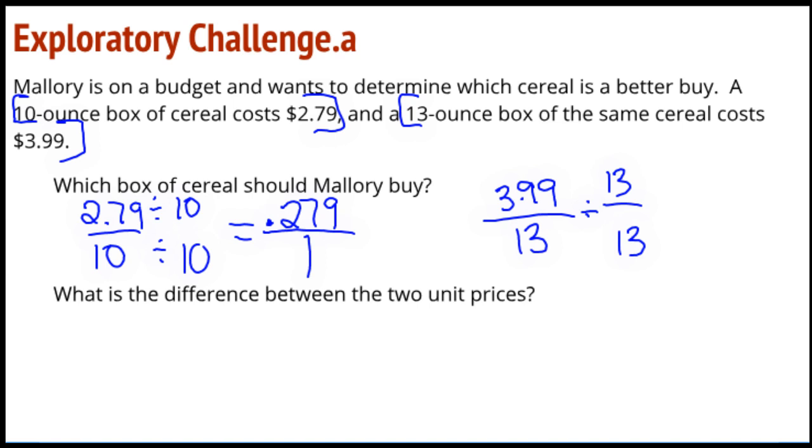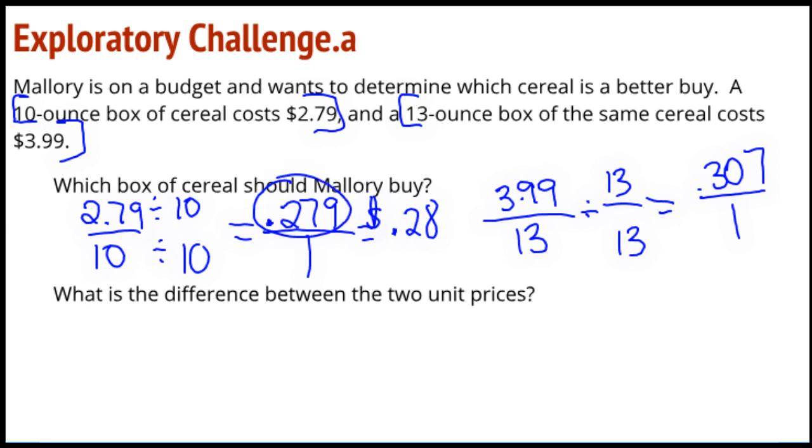And depending on how we round that, I'm going to round here. So I'm finding out that for Mallory's 10-ounce box, it's costing about 28 cents per ounce. And I'm rounding this to the nearest penny because it's money.